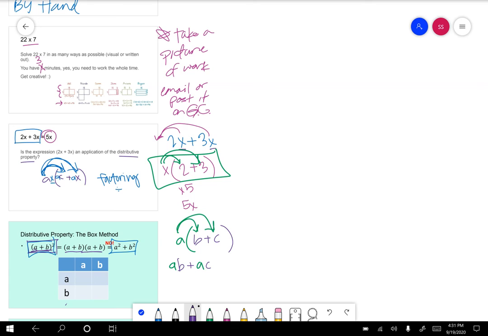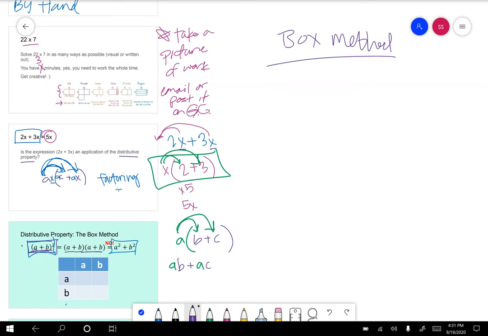So, box method. Okay, with box method, I'm going to write out a few steps, then we'll go over a few examples. I just want to write it out, so if you want to screenshot it or something, or if you want to take notes on how to do it, great.